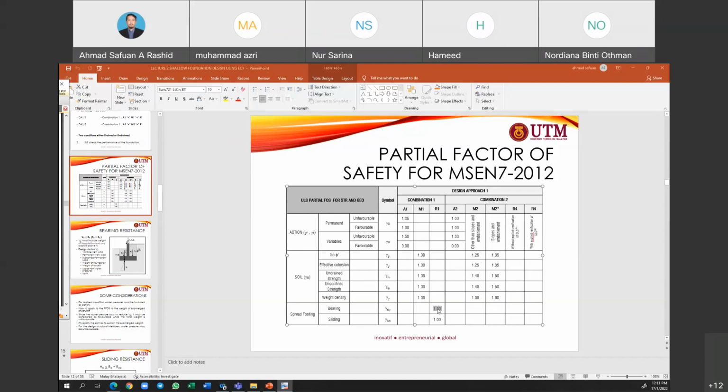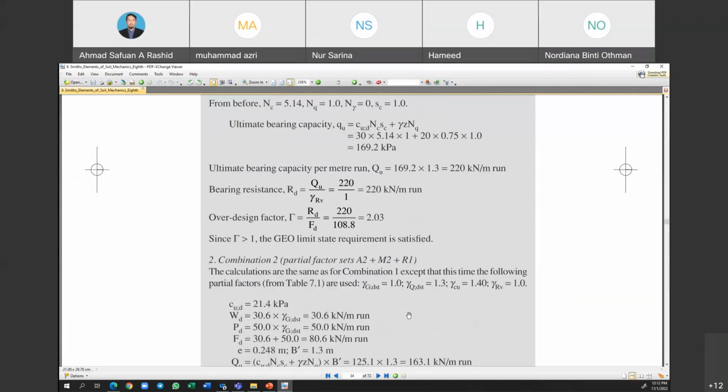And gamma RV is 1.0 because it is stated in R1. So we are using 1.4 and 1. 1.3 is not being used because we don't have any live load.